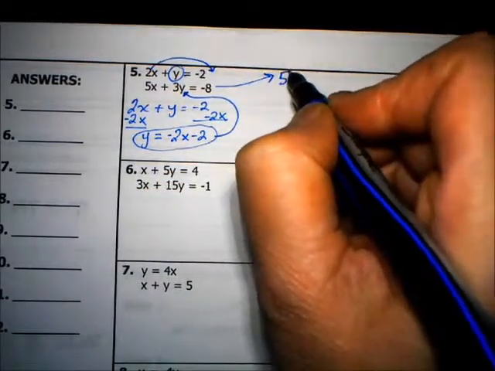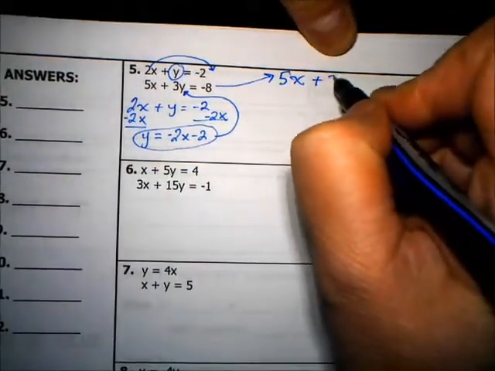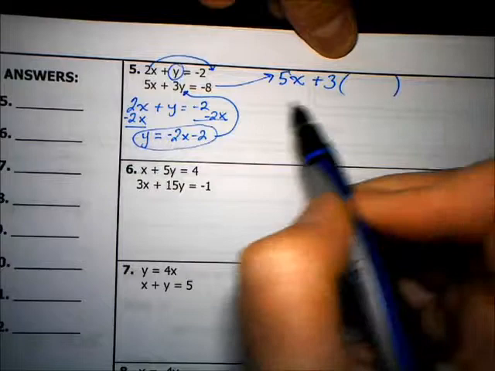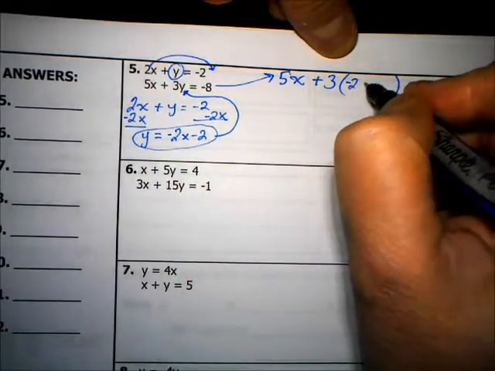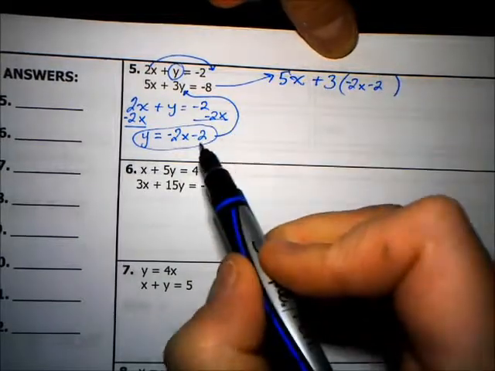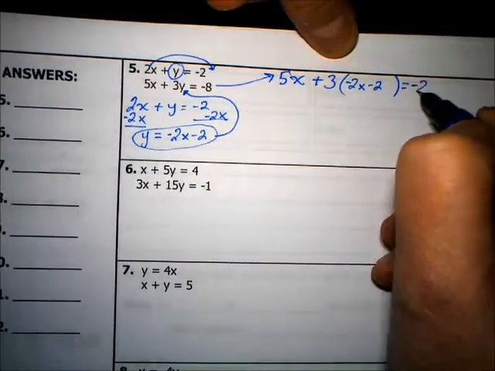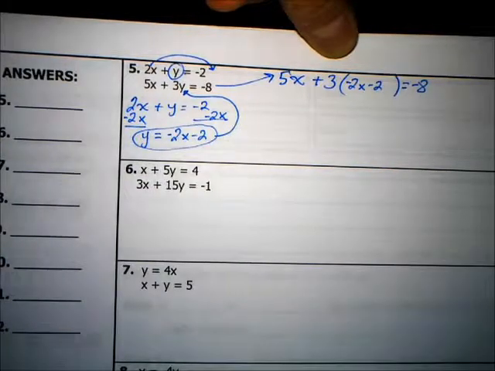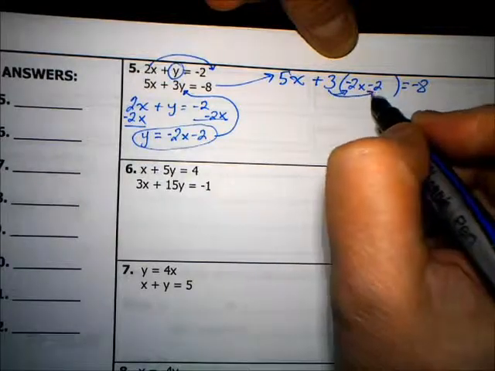So this new equation is going to be 5x plus 3, and this is where I substitute. The y is going to be this negative 2x minus 2, and it still equals negative 8. I want to distribute into my parentheses.